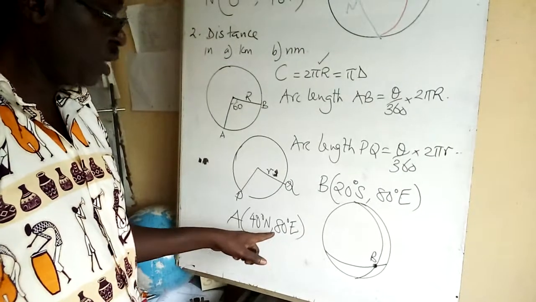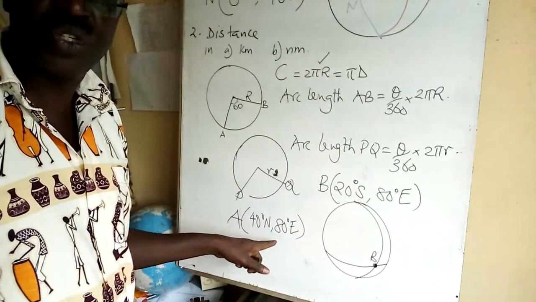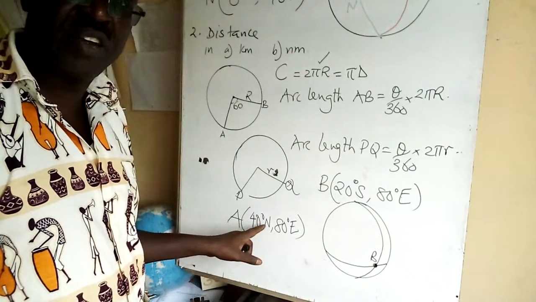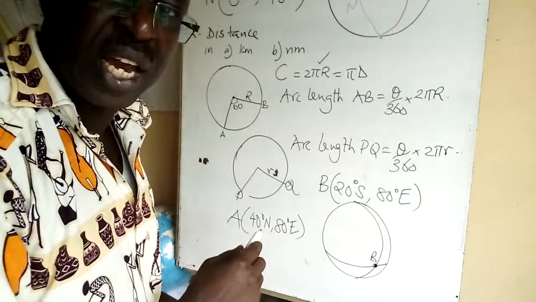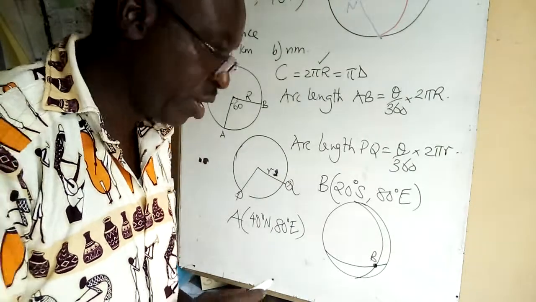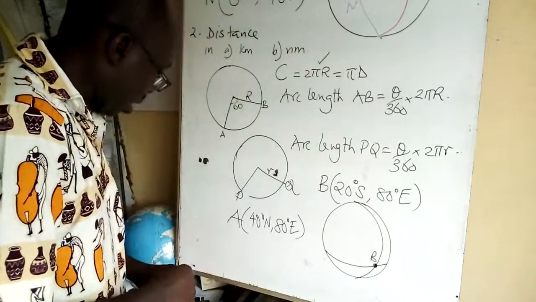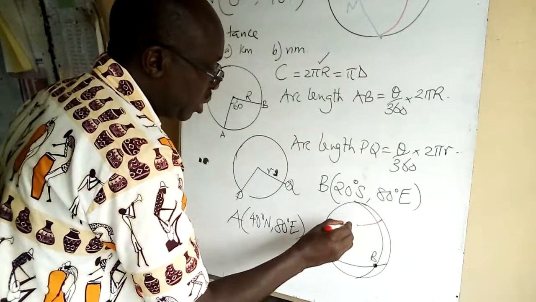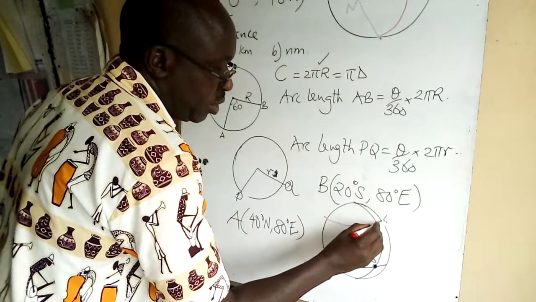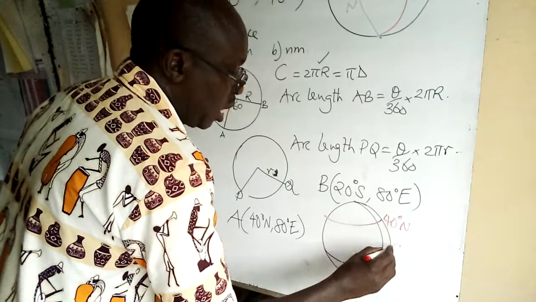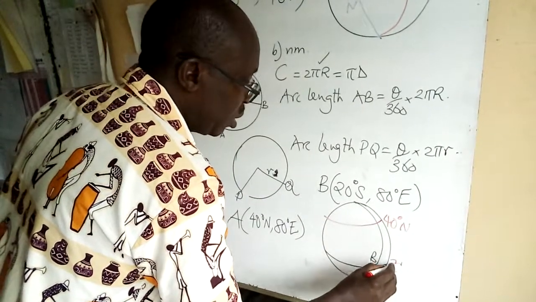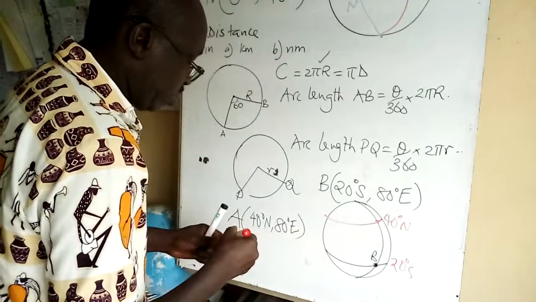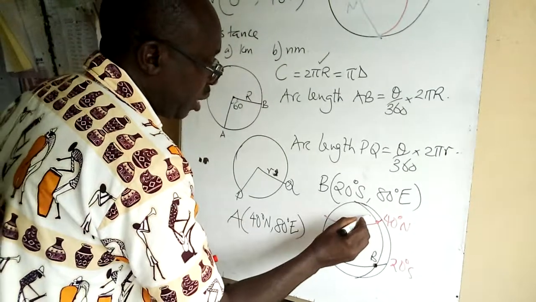So you can see it maintained the longitude. And by virtue of being given north, it landed in the northern hemisphere. So what I need to do now is to put 40 degrees north. I can put it somewhere there. Okay, this is 40 degrees north and this was 20 degrees south. So this is my point A.